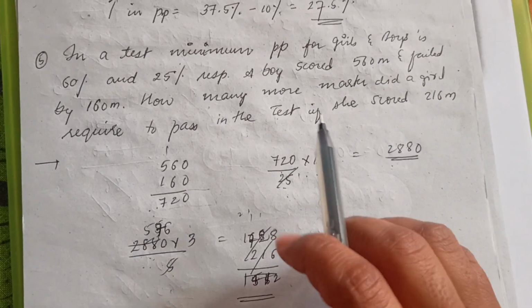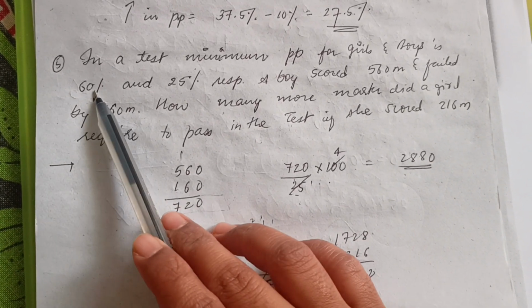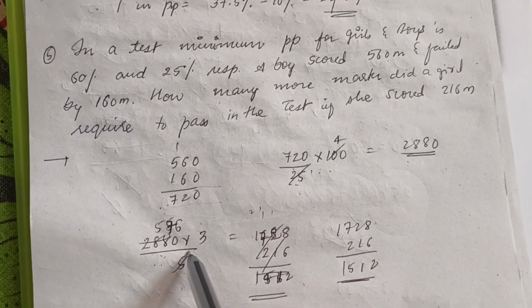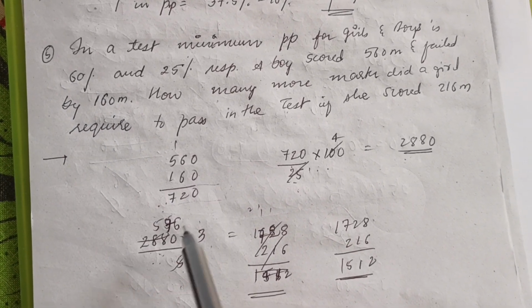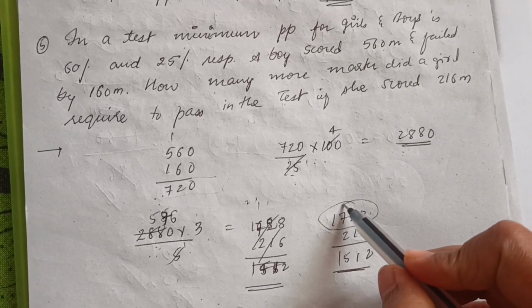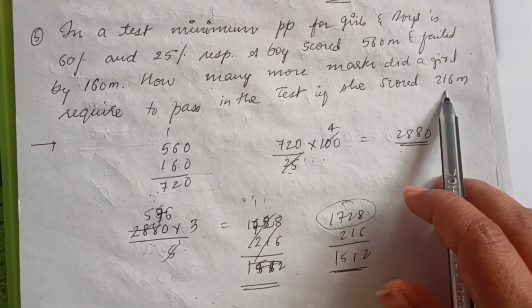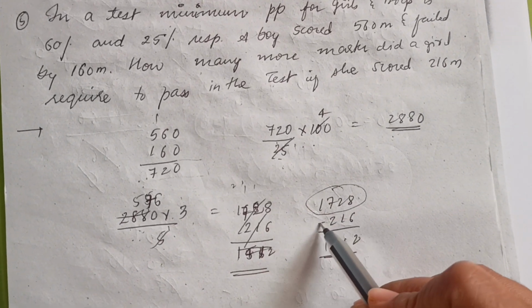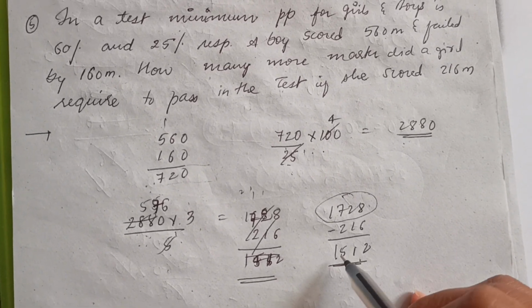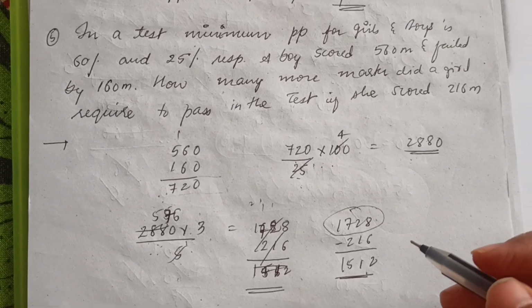And if 60% is the passing percentage for girls, then out of 2880, 3 by 5 will be the passing marks for girls, that is 1728, and she scored 216 marks. So if I subtract this, I will get 1512. So if she had scored 1512 more, then she would have passed the examination.